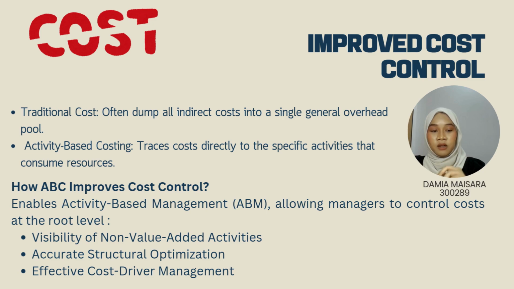Instead of issuing arbitrary company-wide cost-cutting mandates, whereby every department must cut expenses by 10%, managers can selectively optimize specific high-cost activities without undermining core product quality or operational delivery.